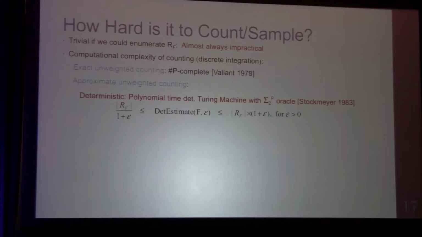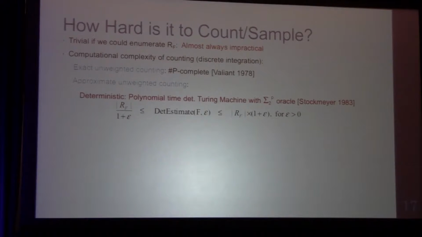Of course, the runtime is going to depend on what epsilon is, and Stockmeyer in 1983 showed that there is a polynomial time deterministic Turing machine which accesses a Sigma-P-2 oracle, an oracle for a problem at the second level of the polynomial hierarchy, which can solve this problem. And when I say polynomial time, it's polynomial in the size of the formula and in the inverse of epsilon. So as you make epsilon smaller, as you demand that it should be more and more precise, you have to spend more time on it.